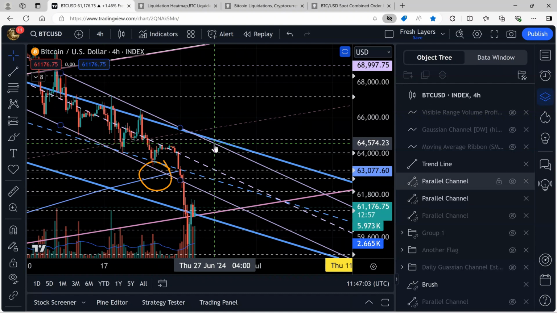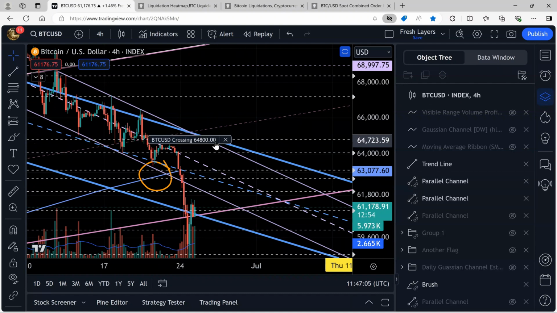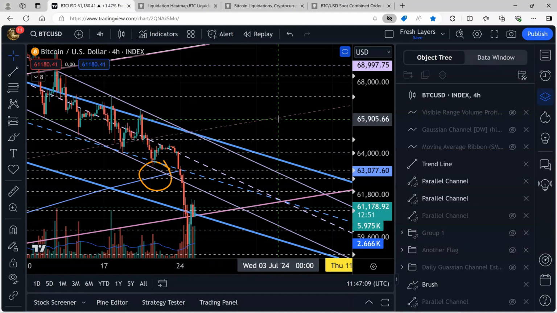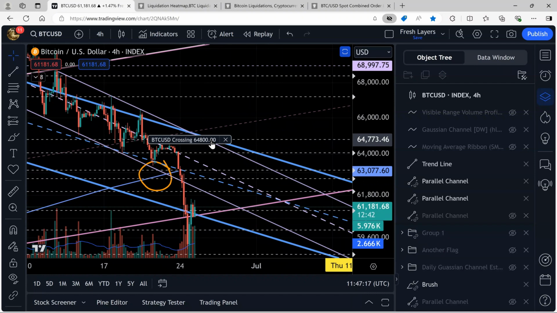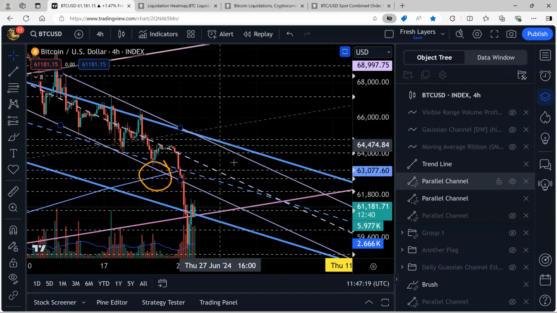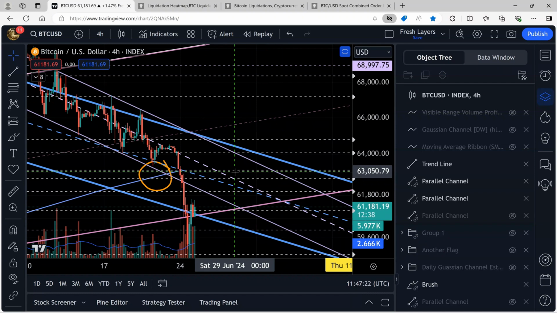And the top of the blue channel is up at 64.7. So that would get us back. Where's Friday at?